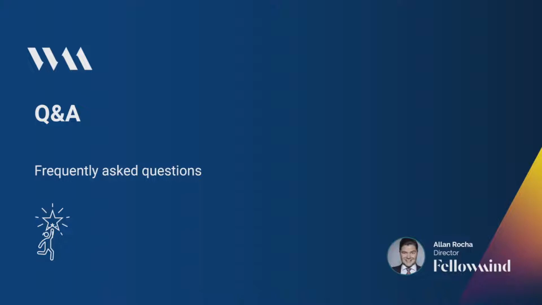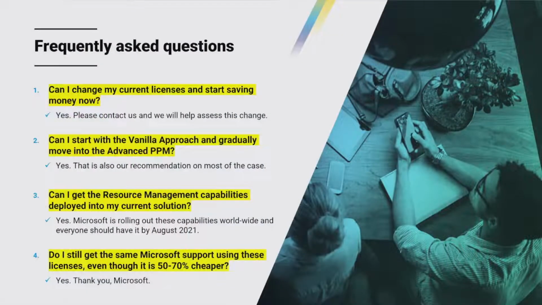Now, on the Q&A part, every question asked during this webinar or in the chat, we will be answering afterwards together with the material that will be shared. But I have actually prepared some frequently asked questions. I think we have been hearing them a lot, and why not just bring them to the table.